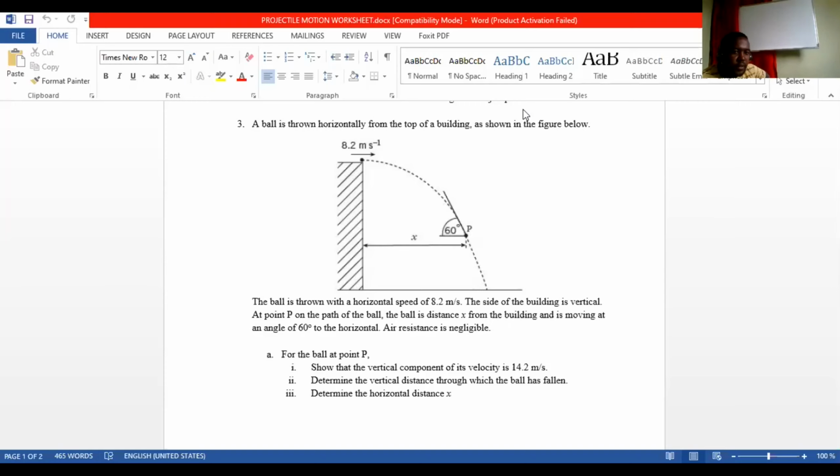All right, so vertical component means your y component. All right, so we know that our x component of this is 8.2 meters per second. We know that the angle theta is 60 degrees. Right, so we need to find our y component, sorry.